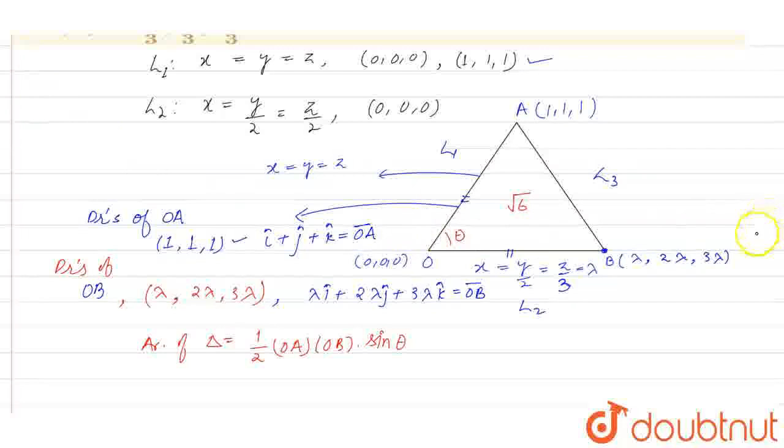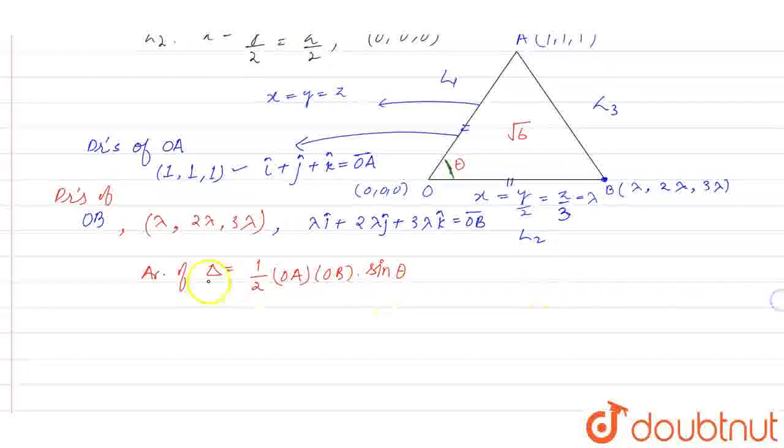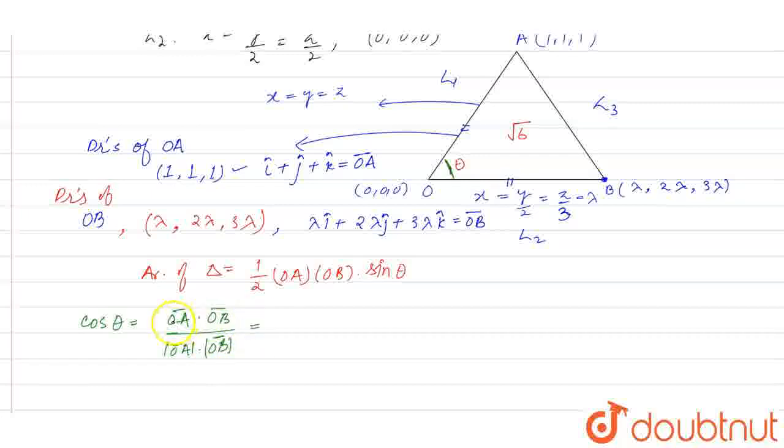Now the angle between these two vectors is theta. So what do we get for cos theta? Cos theta is equal to OA vector dot OB vector divided by the modulus of OA vector times the modulus of OB vector. The dot product gives lambda + 2 lambda + 3 lambda.